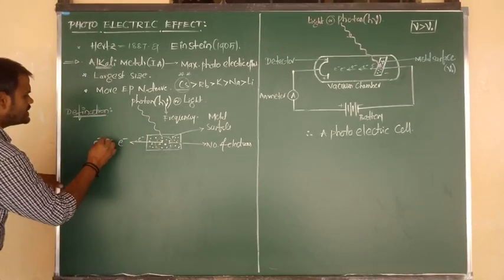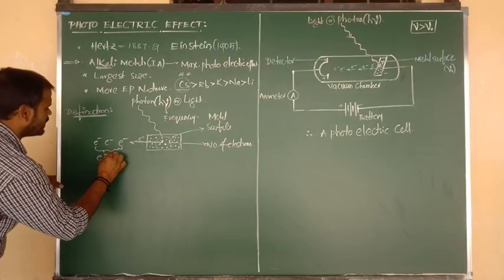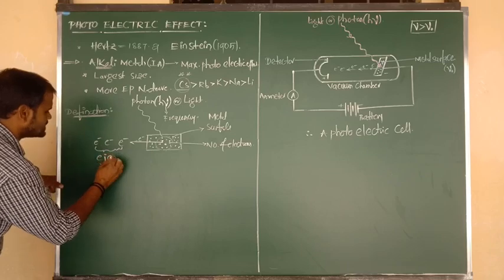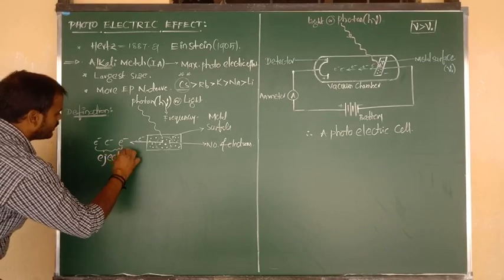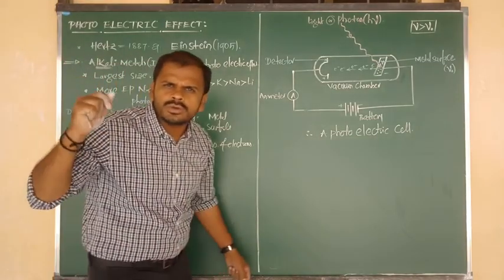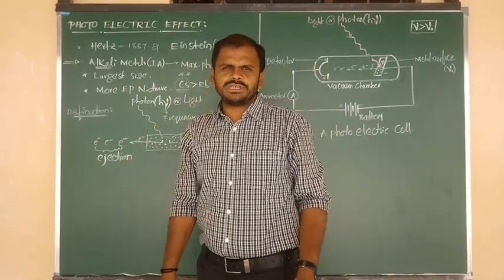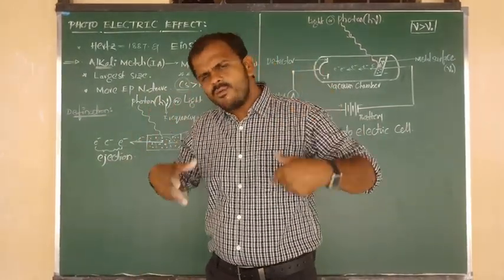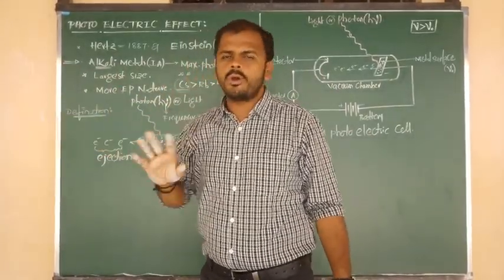So the electrons are coming out, releasing out from the surface of metal. This process is called ejection of electron. Which word do we use? Ejection. What is meant by ejection? Ejection means, in our language, released or removed.